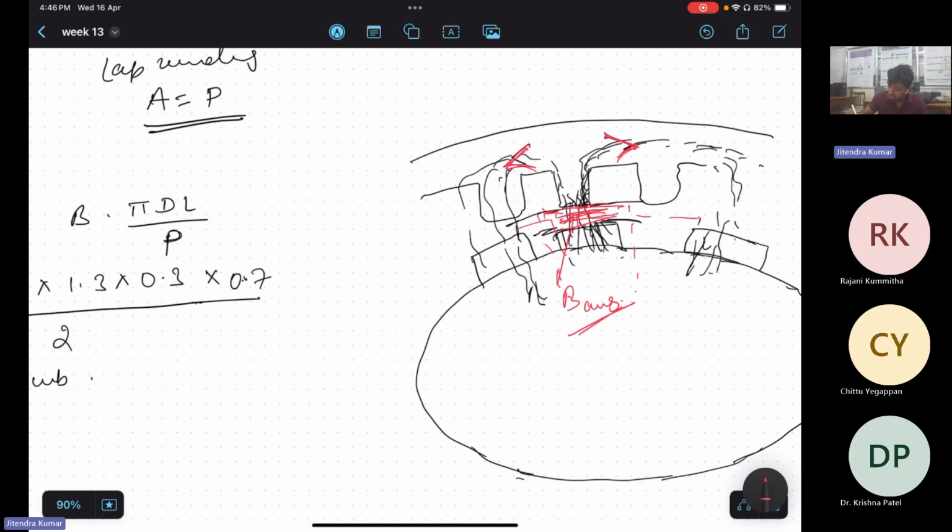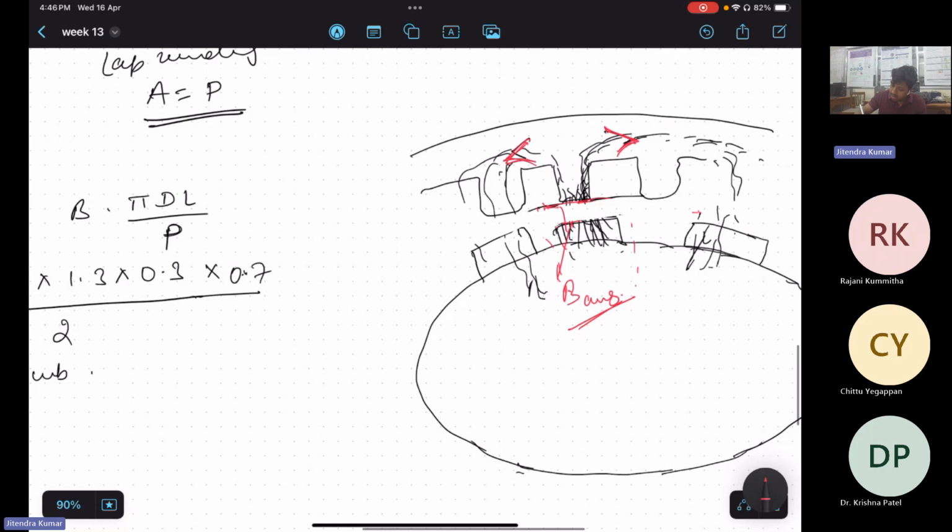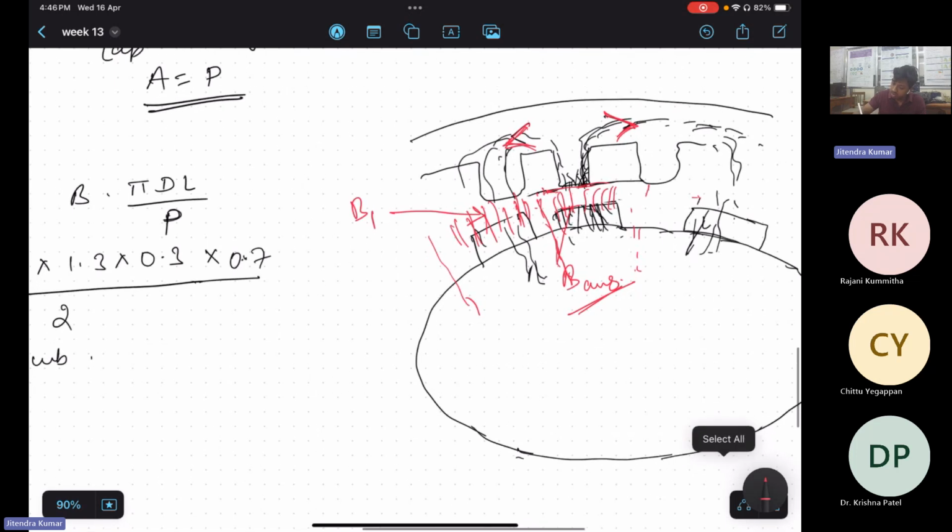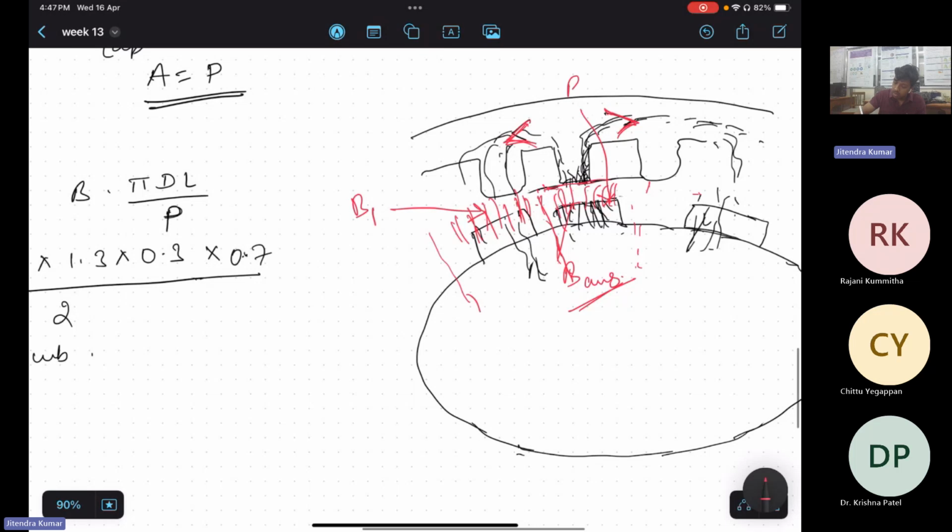Why am I saying so? See, if the flux is like this here in one pole, it is symmetric for the other pole also. So the flux density B1 is the same here, B1.